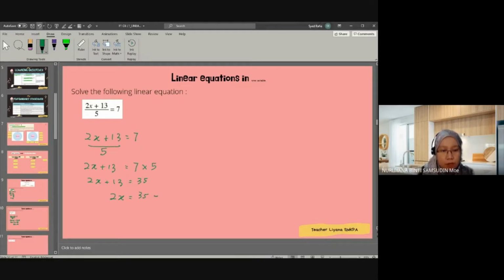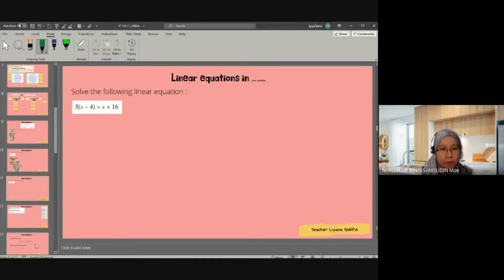When plus 13 moves to the other side, it becomes minus 13. So now 2x becomes 22. We want x, meaning 22 divided by 2. So x is 11. Alright, this is how you solve linear equation in one variable.